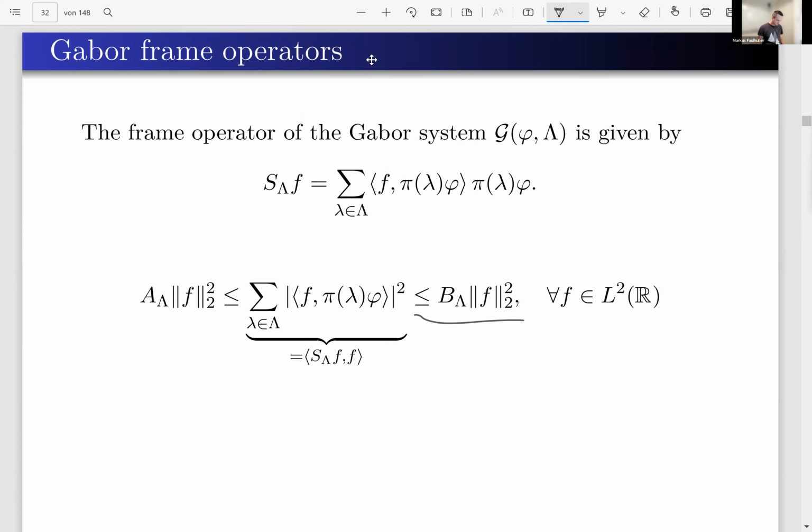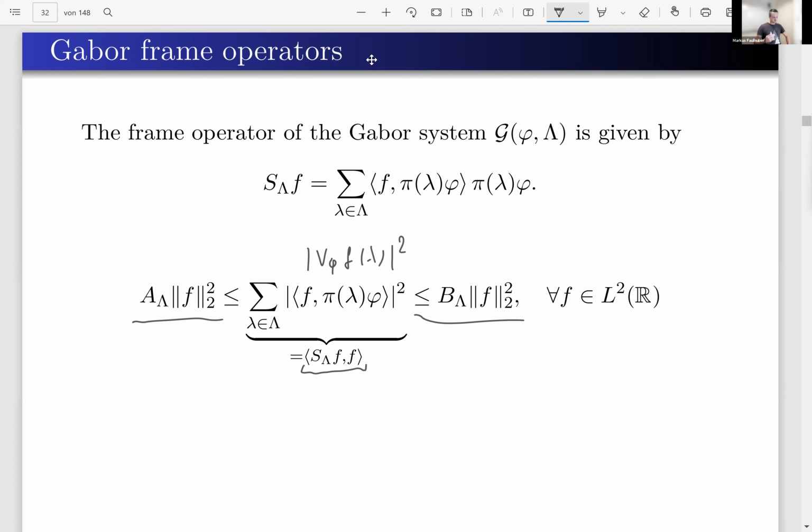orthogonal systems. And if we also have a bound from below, we see that this middle expression, which could also be written as the sum of |V_phi f at lambda| squared, so we sum the energy from the spectrogram, and we want it to be somehow equivalent to the energy of the original signal. And I have already written it here.